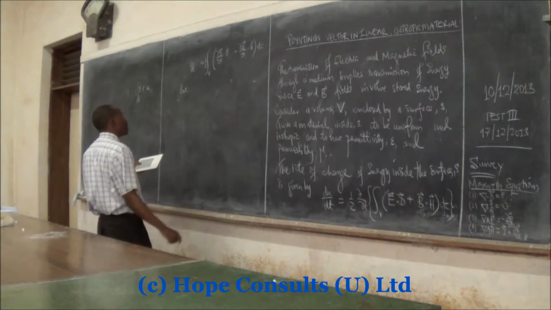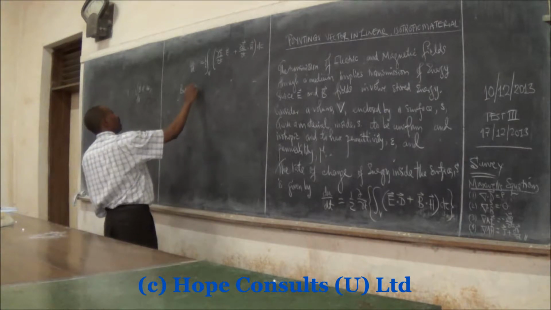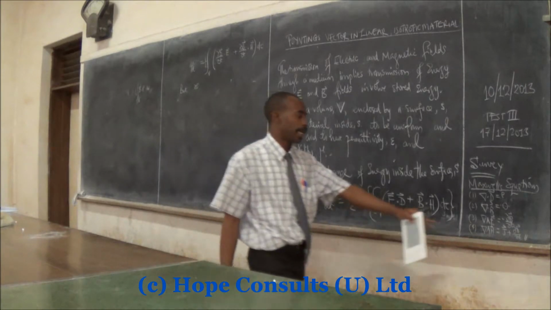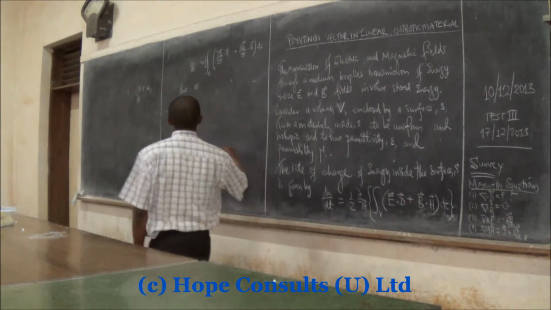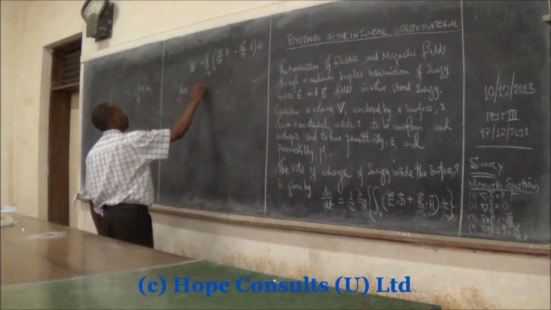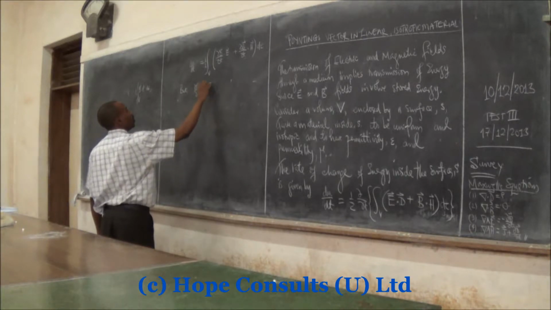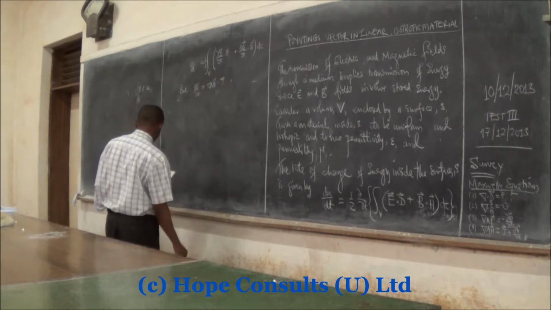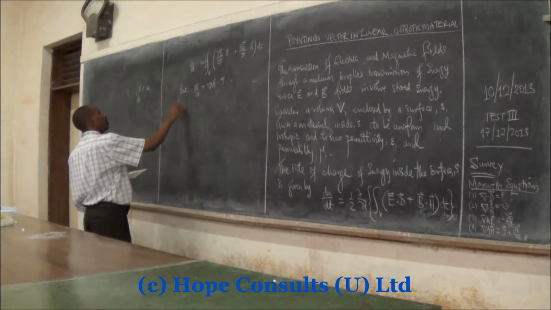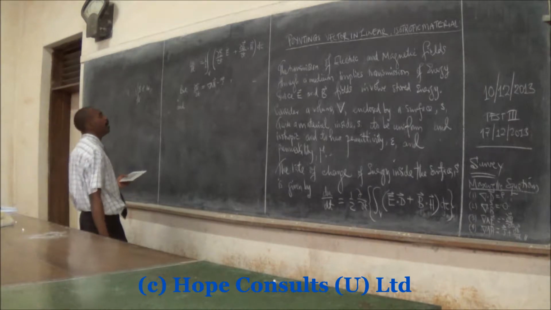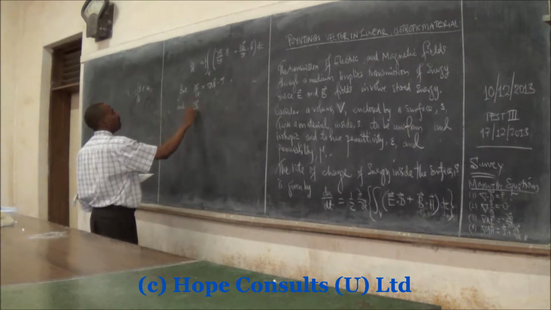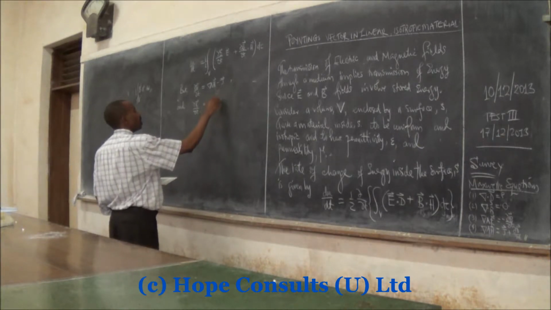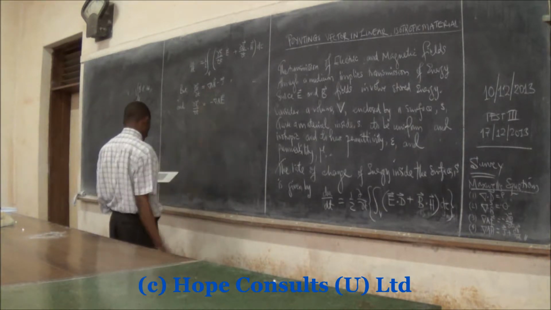And then from equation 4, partial D by partial t is equal to curl of H minus J. And from equation 3, partial B by partial t is equal to minus the curl of E.